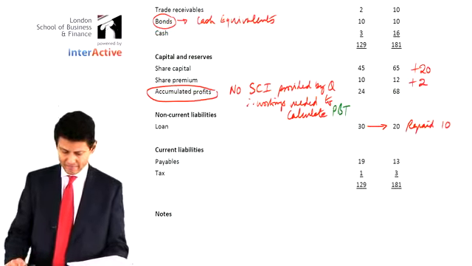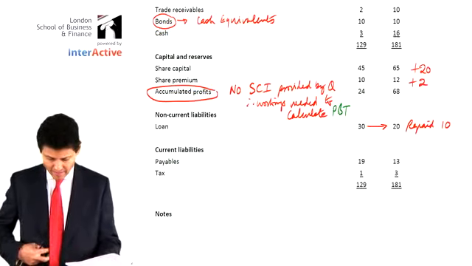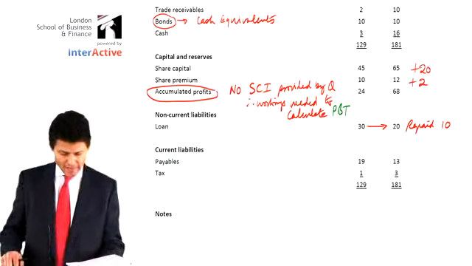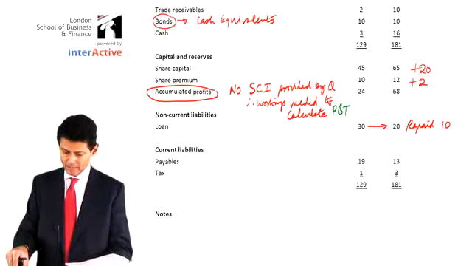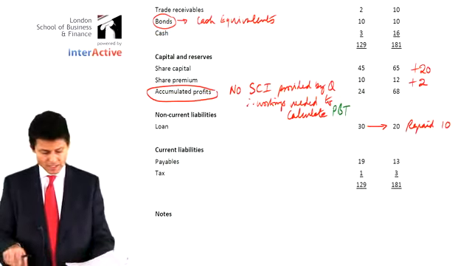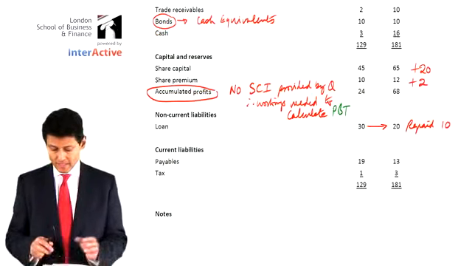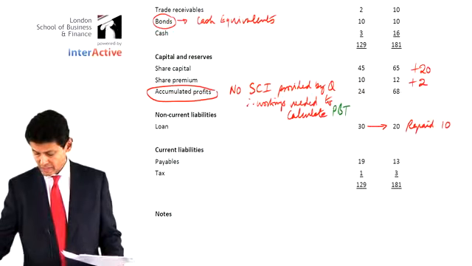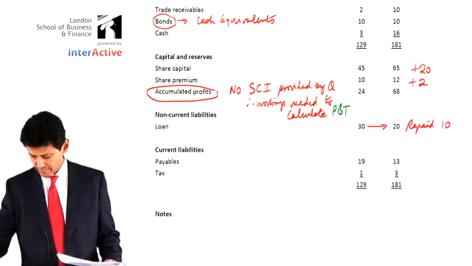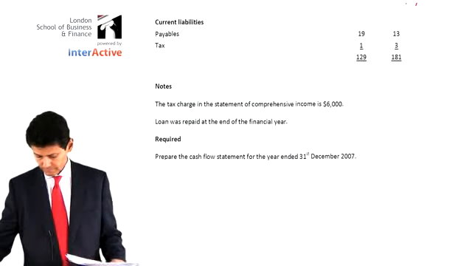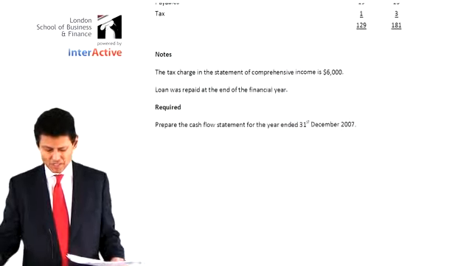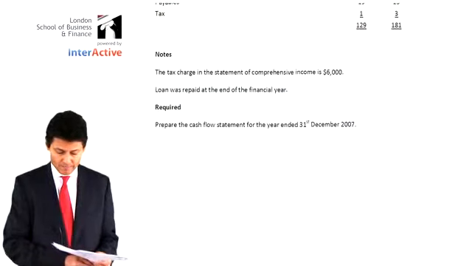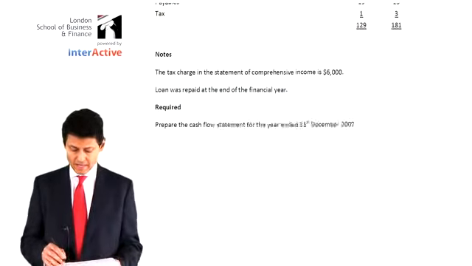What else do we have? The current liabilities has payables and tax, and the whole SFP, of course, balances no problem whatsoever. We now come to some of these notes, which is where huge marks hide. The tax charge in the statement of comprehensive income is 6,000.